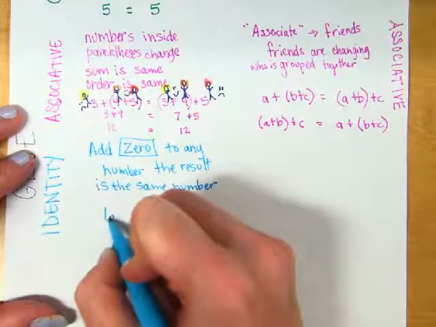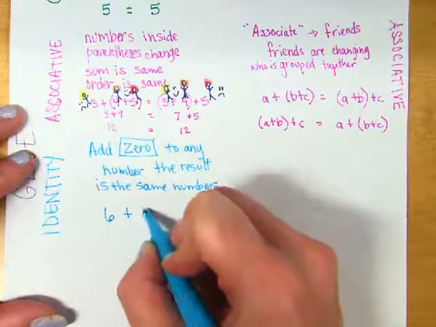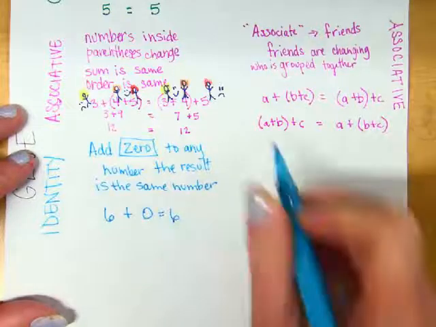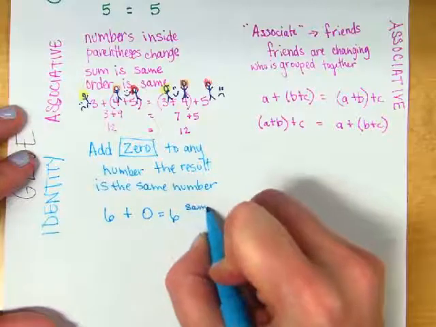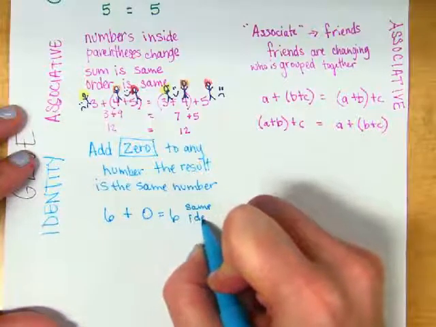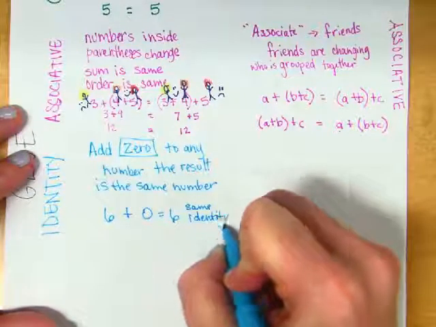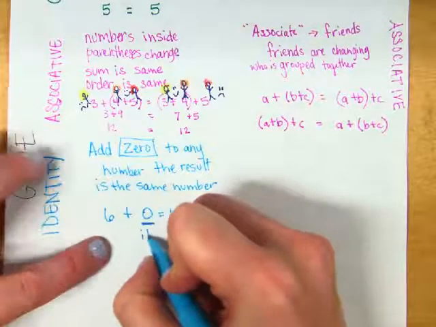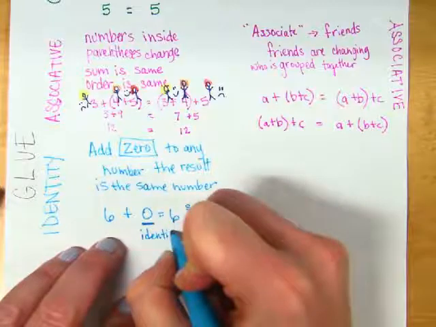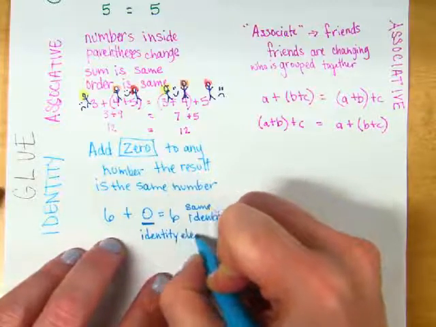So what that looks like is if I start with 6 and I add 0, it still has the same identity. Okay? And this 0 is called the identity element for addition.